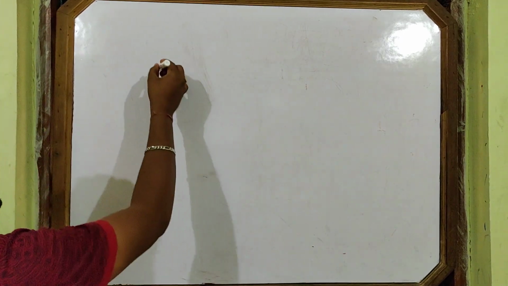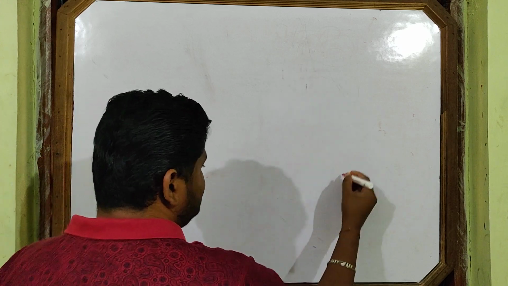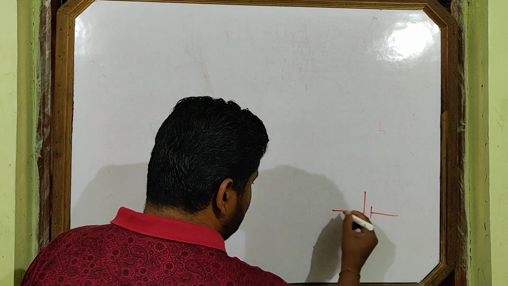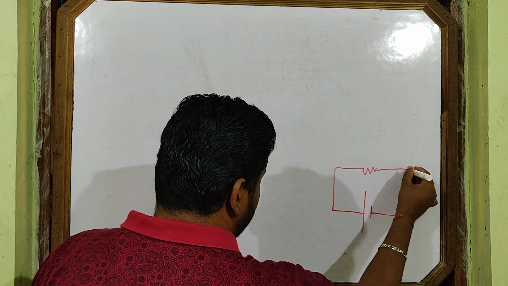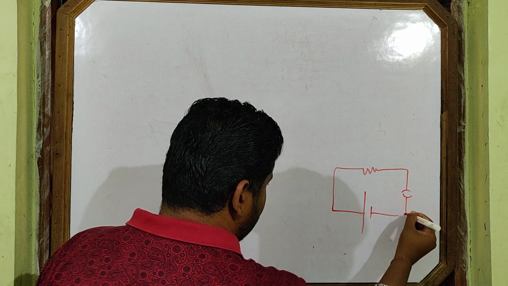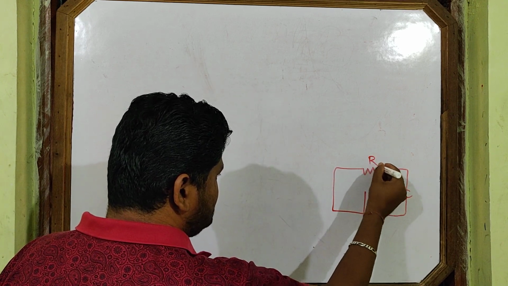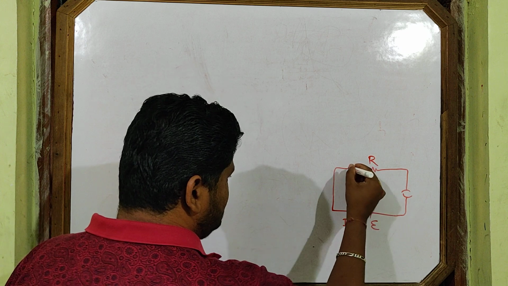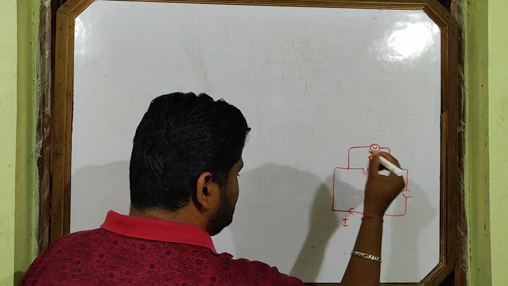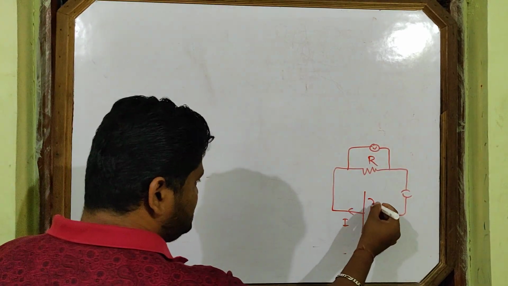From the cell, one question is very important. I will not forget to share that question with you. Remember, the three graph question. The cell is connected to external resistance R with a key. EMF E, external resistance R, current I, potential difference V, internal resistance small r.